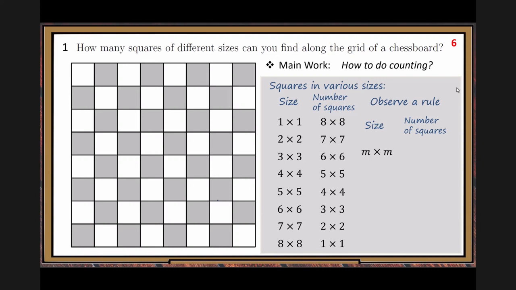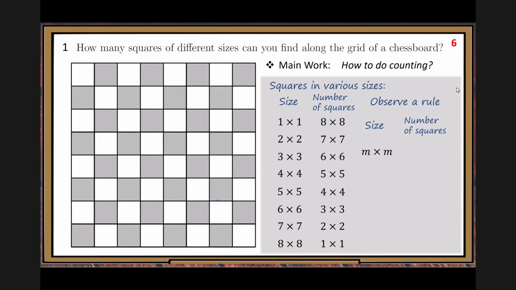Suppose the size, because here we want to use some general abstract expression to represent all the sizes, m by n. When we solve real-world problems, many times we need to do abstractions, right? We need abstractions.